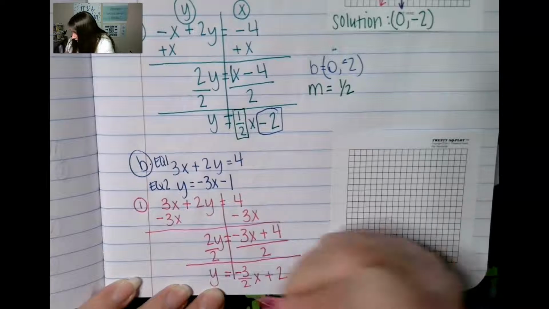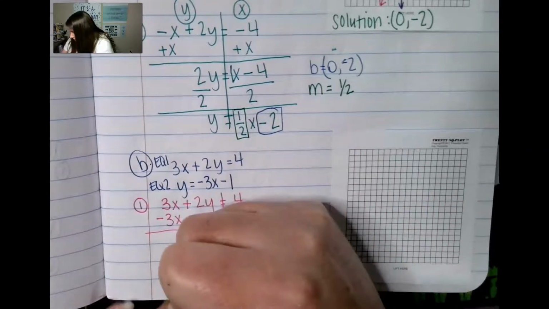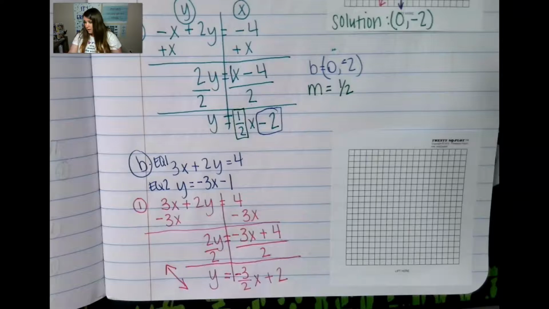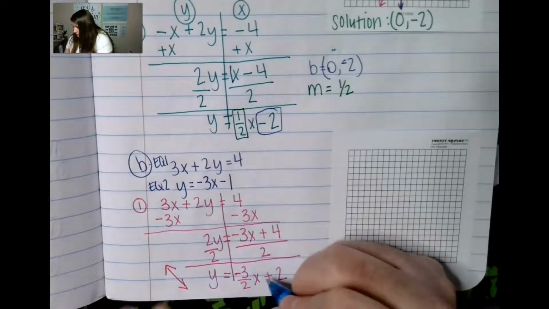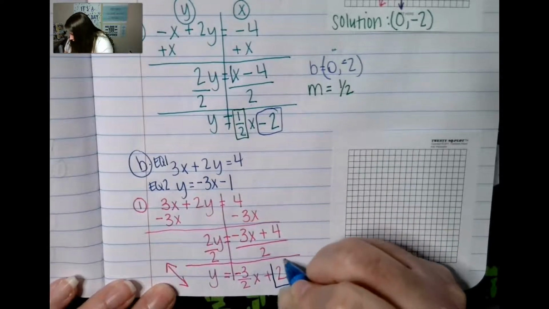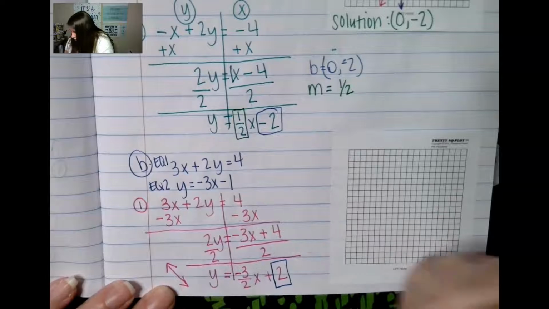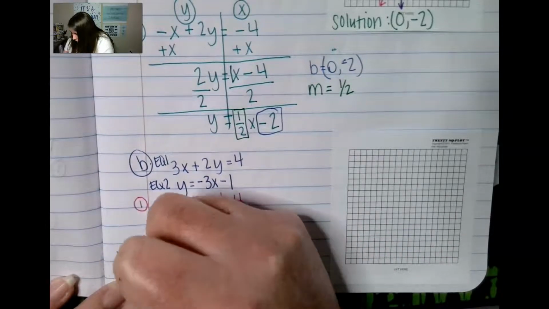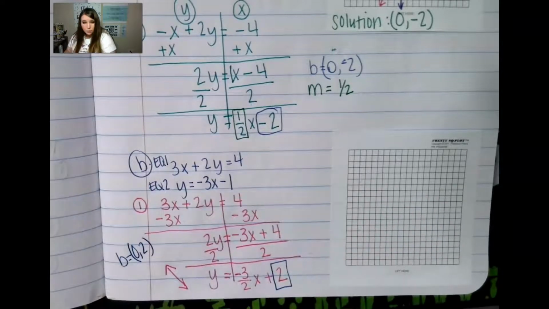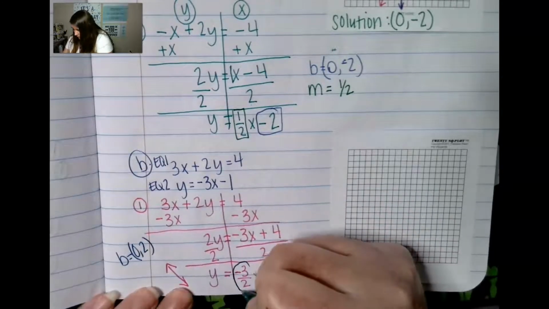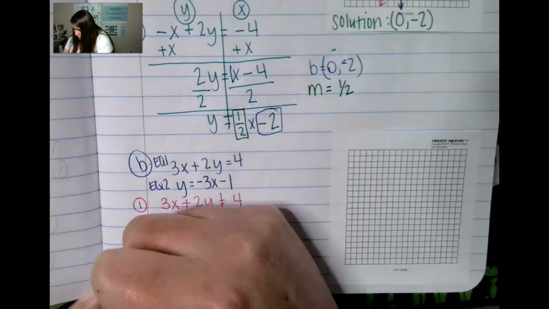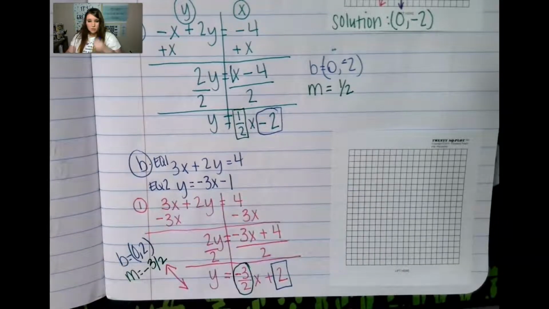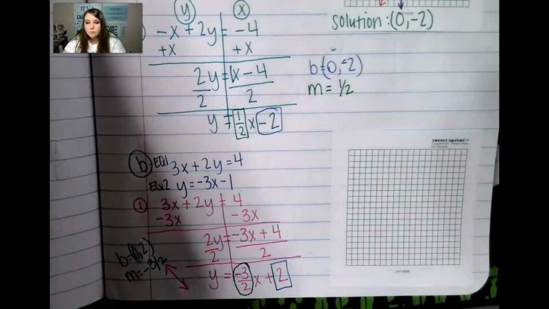All right, so I have a negative slope, which means that my line is going to go down like this. Here's the y-intercept right here at 2. So my b is 0, 2. And here's my slope, negative 3 over 2. M equals negative 3 over 2. So let's go ahead and graph this problem.